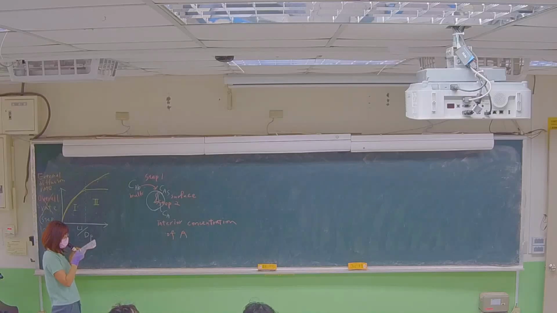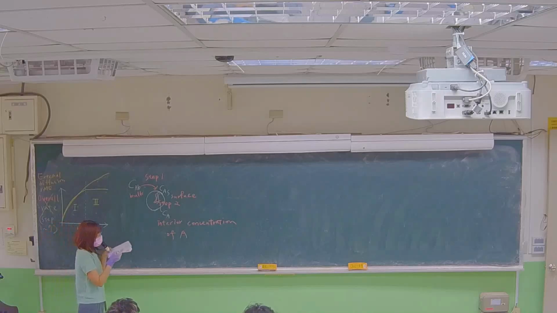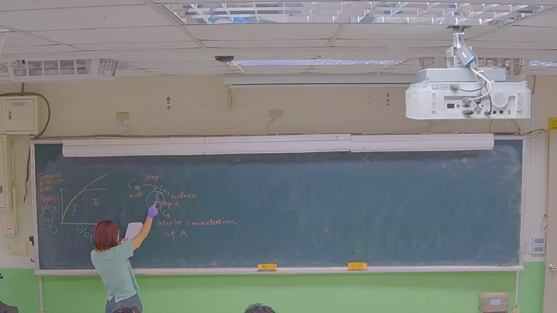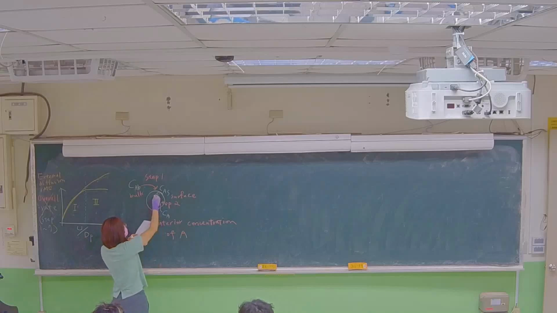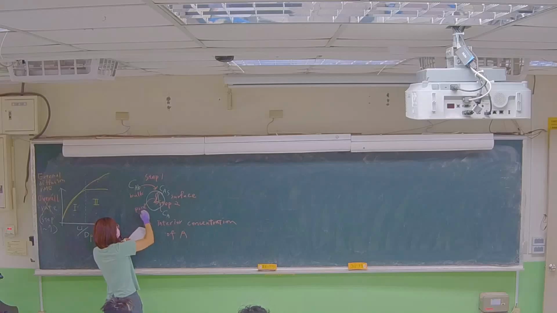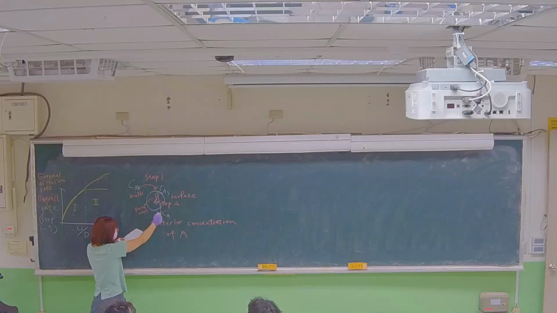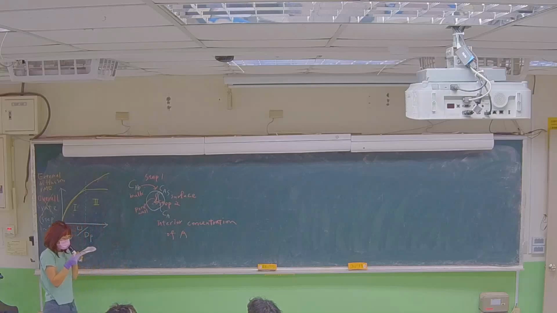And after diffusing into the interior of the pellet, it reacts with catalyst deposited at the pore wall. So like this, if this is a pore, it is defined as pore wall. Simple definition, okay. So the reactant diffuses into the pellet or catalyst and reacts at the pore walls.